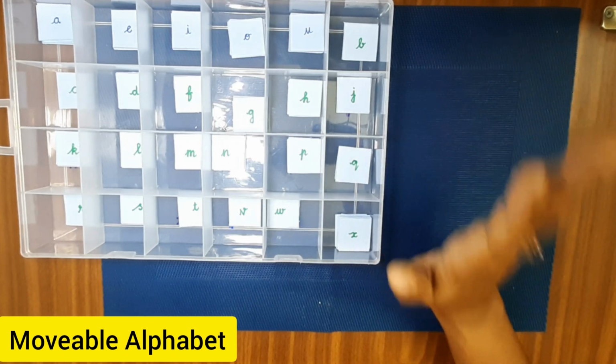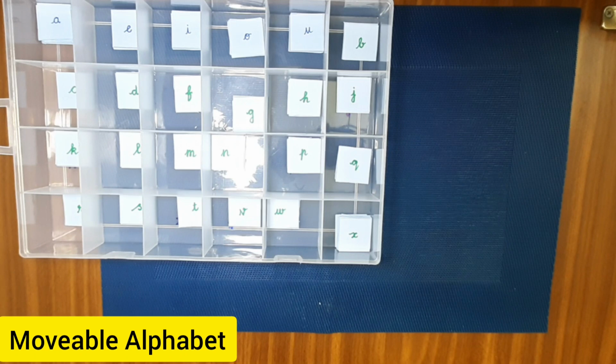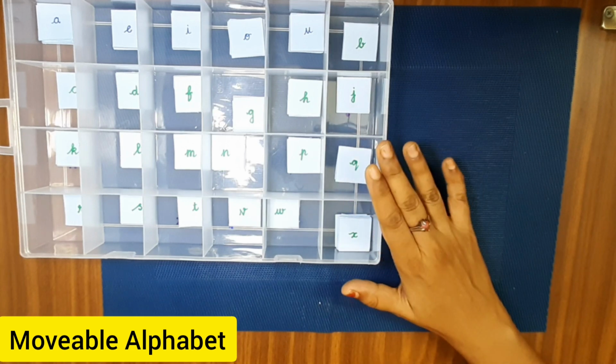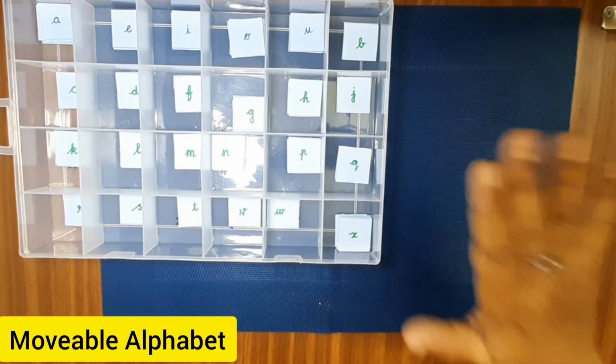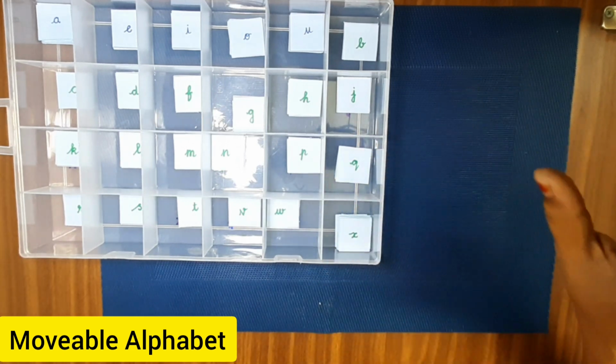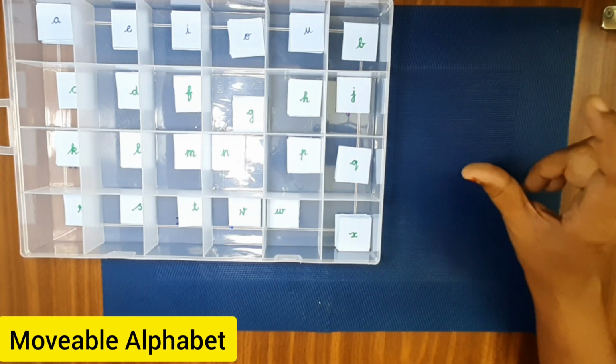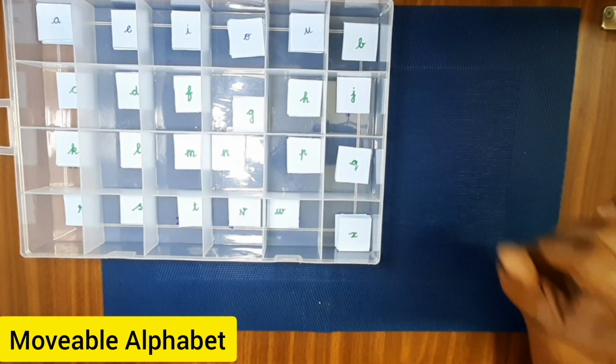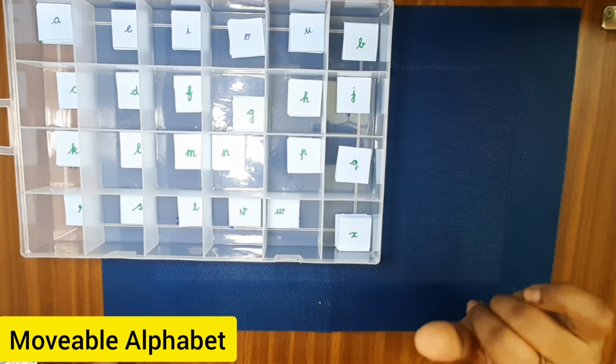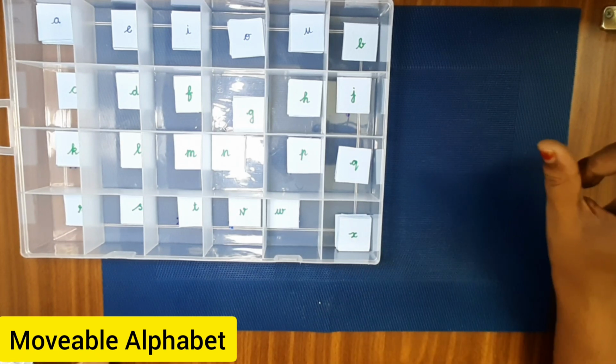Now we'll move on to the presentation. You can say, child, shall we listen to all the sounds in frog? I repeat, shall we listen to all the sounds in frog?